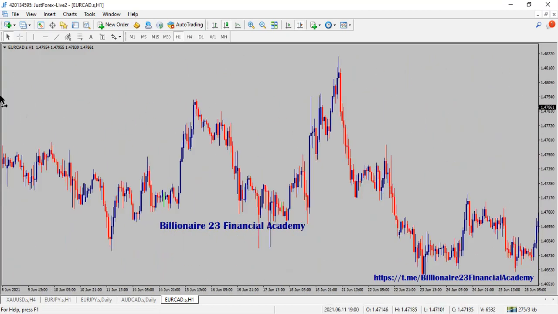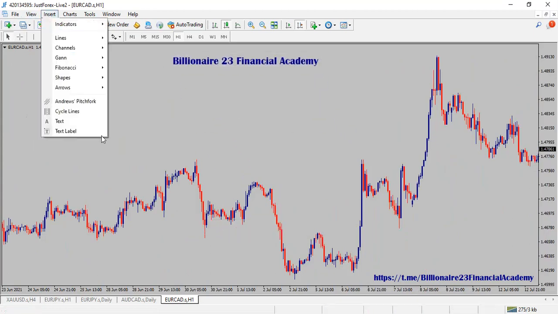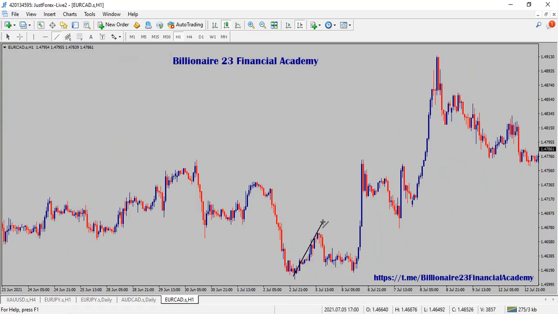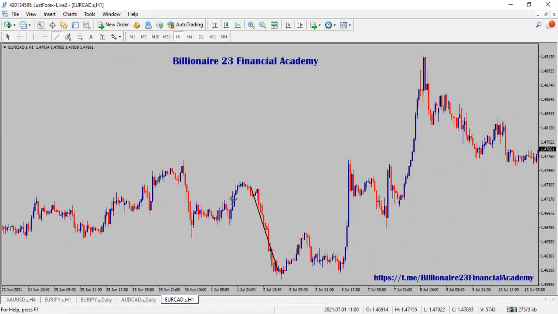I'm going to try and do a bullish example. Okay, here's one. Wait, what am I doing? Short lines. This would be a W formation, just the opposite of what we did in the last example.